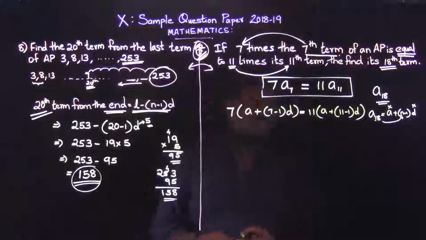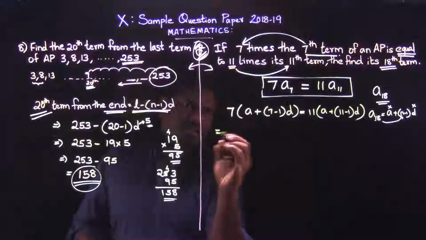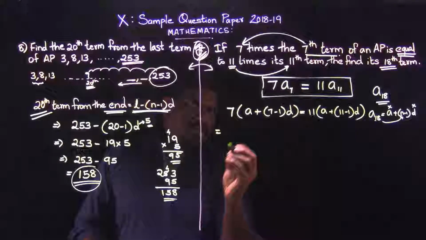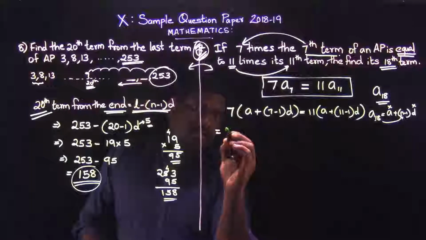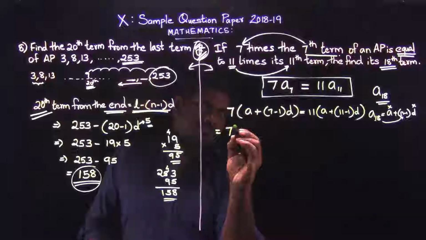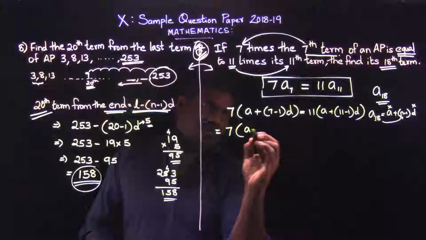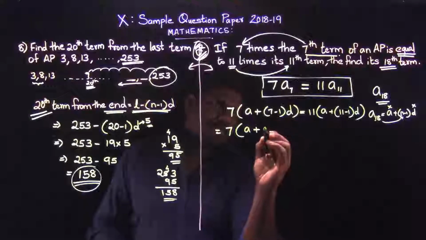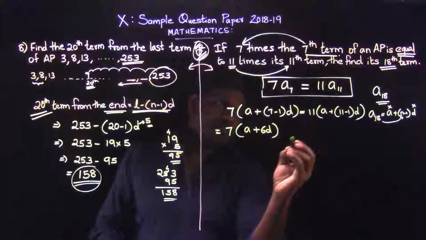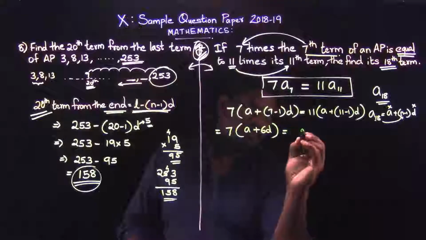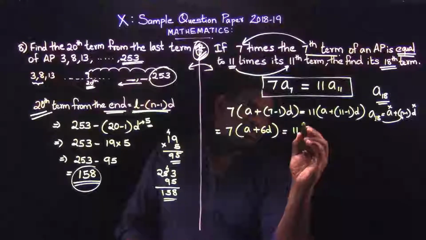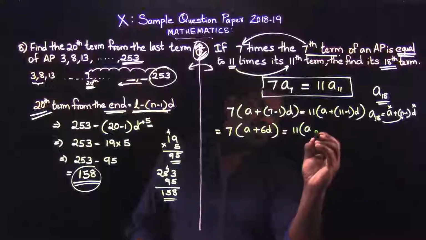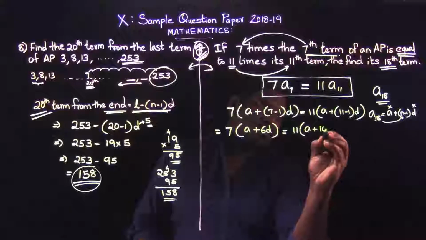I don't think it's too hard for you to understand. That is, 7 into (a plus 6d) is equal to 11 into (a plus 10d).